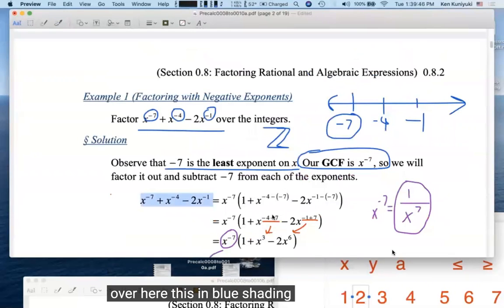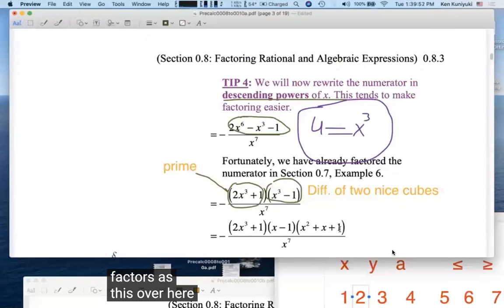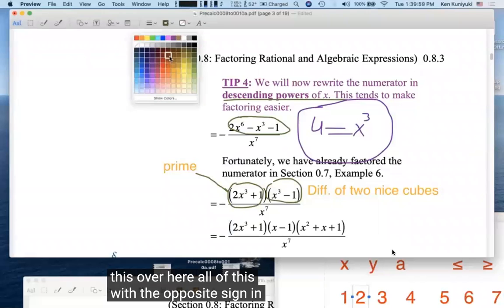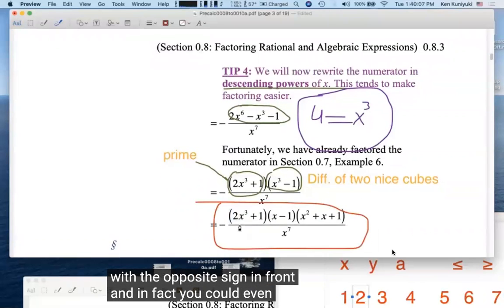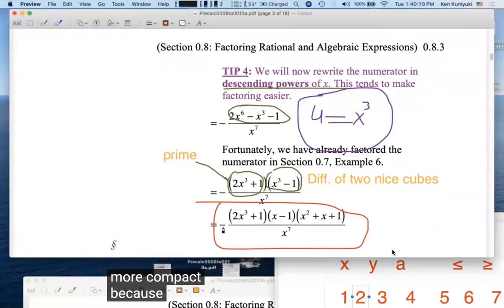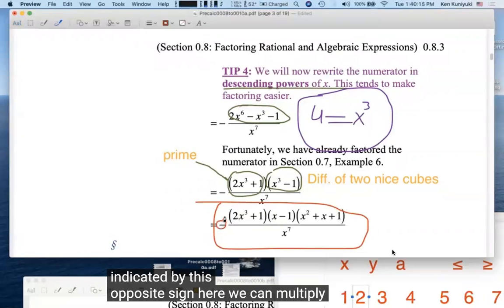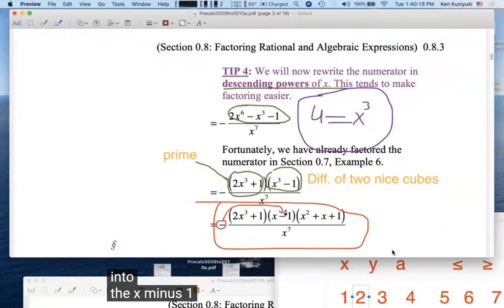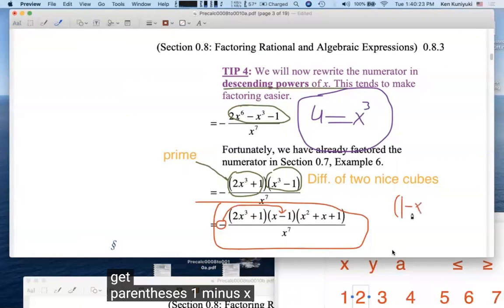Over here, this in blue shading, that factors as this over here, all of this, with the opposite sign in front. And in fact, you could even make this more compact, because the -1 factor indicated by this opposite sign here, we can multiply it into the x minus 1 over here, and then we can get parentheses 1 minus x.